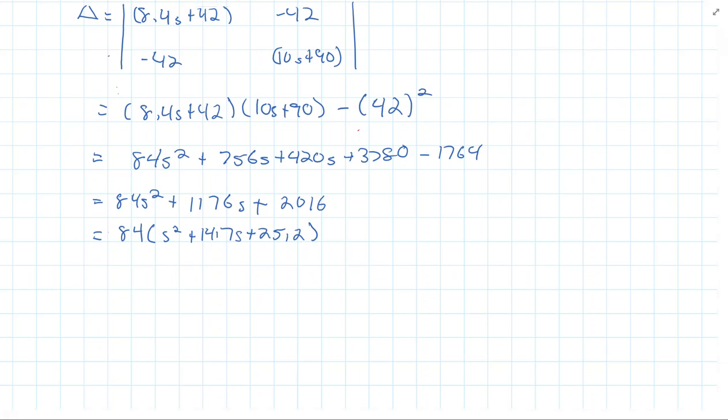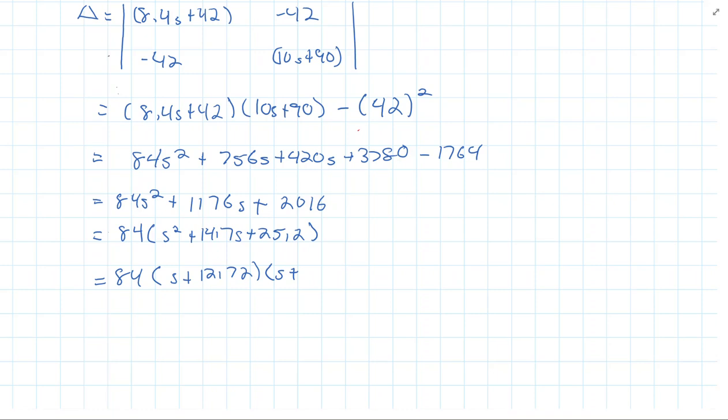And then if we continue with this, what we can do here is just use the quadratic formula. It doesn't work out to be nice pretty numbers, but we get that this factors to s plus 12.72 times s plus... actually, that's not right.